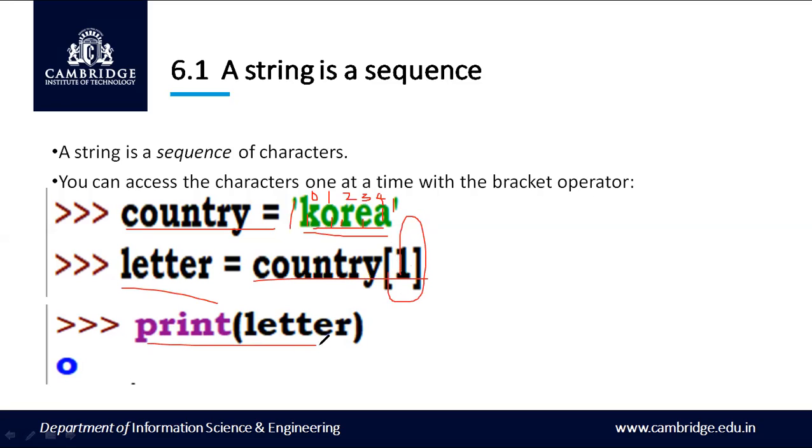When I print this variable letter, you can see O being printed here. According to this string Korea, in the first position the alphabet O is present. That is why the answer O is returned. This is how you traverse each and every character in a string using the square brackets.